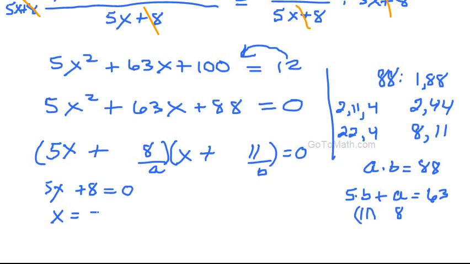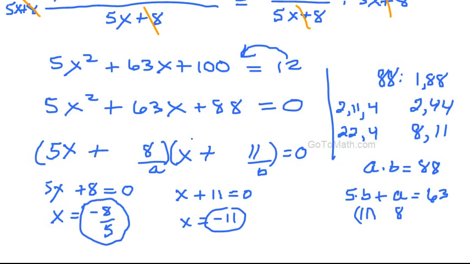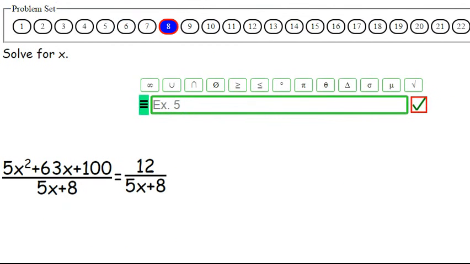So x is equal to negative 8 over 5, and then x plus 11 equals 0, so x is equal to negative 11. Alright, that should be it.